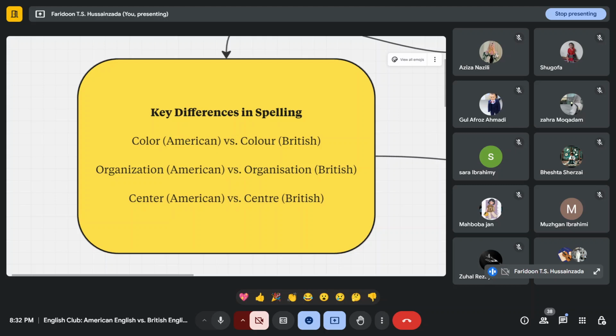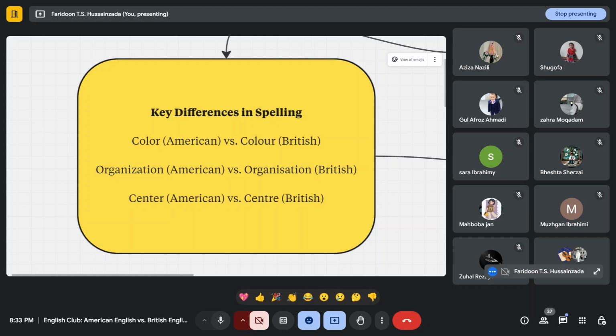So they remove the U when you don't really need it. So they just wrote it as COLOR, spelling out color. And British English spells color differently. They just add a U at the end as well. So COLOUR.